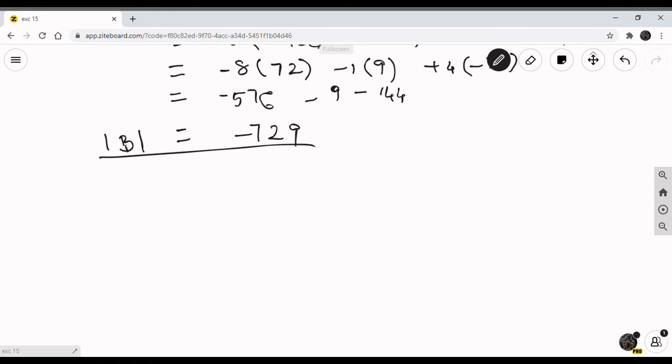Next we will see adjoint B. Adjoint B, you know, is the transpose of the cofactor matrix.